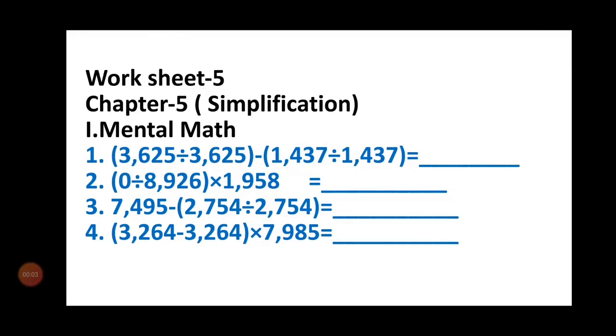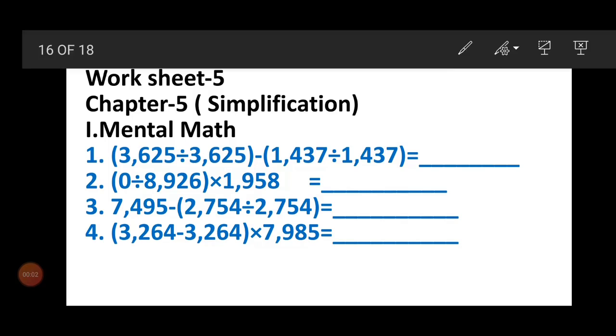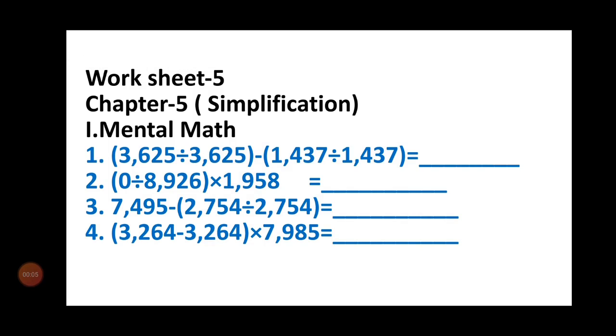Let us start to write the worksheet number 5, chapter number 5, simplification. First one, mental math. First one, 3625 divided by 3625 minus 1437 divided by 1437. So you have to divide this individually and divide this individually, then subtract and write.